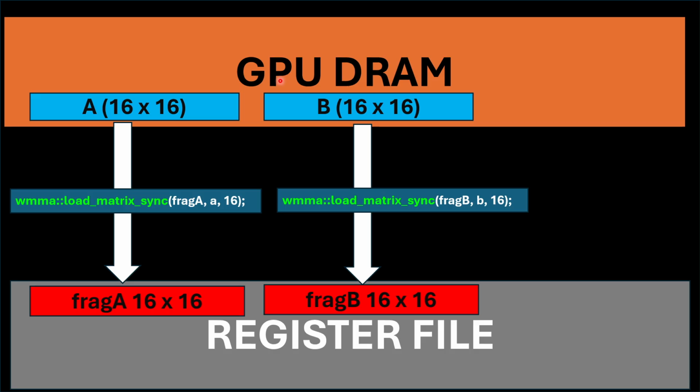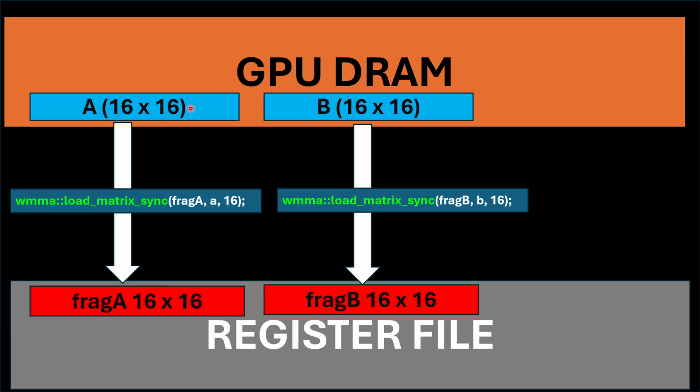Fragment C must be neutral at the start. But for matrix A and matrix B, the sizes correspond to the fragment A possibilities: how many elements we can store in fragment A to be done on a tensor core.